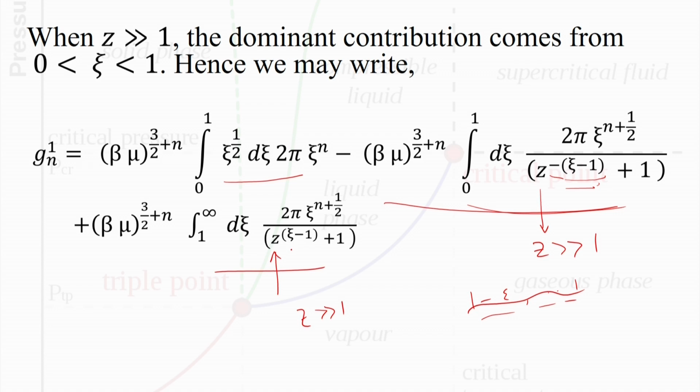Again, because xi is now larger than 1 in this part of the integration, this whole thing is going to be suppressed unless xi is close to 1. So, when I integrate from 1 to infinity, I can get away with integrating from 1 to some 1 plus epsilon. I do not have to go all the way up to infinity because it is not going to contribute much.